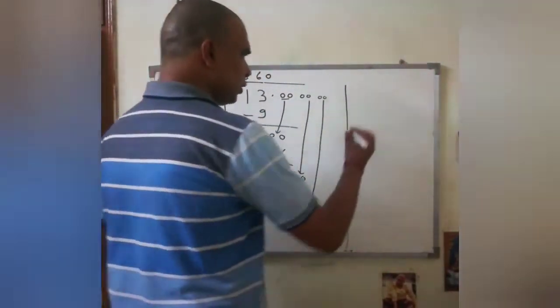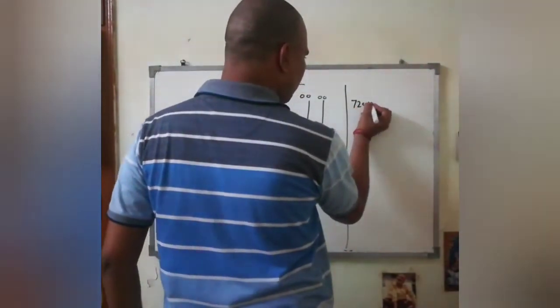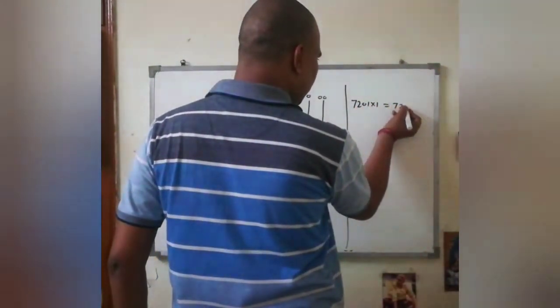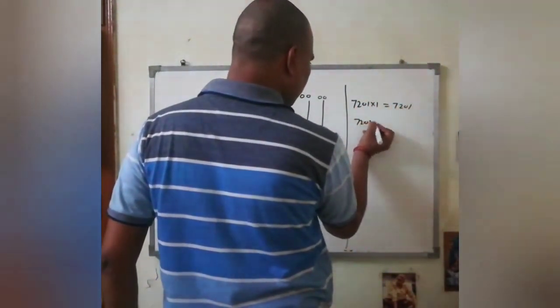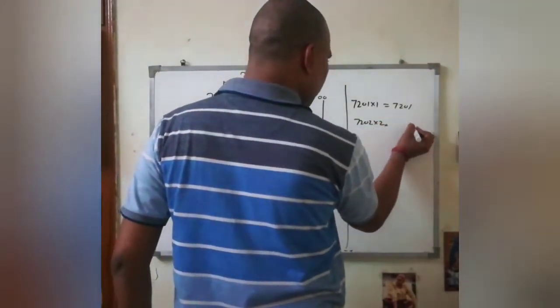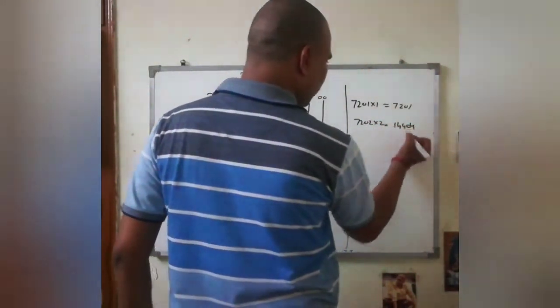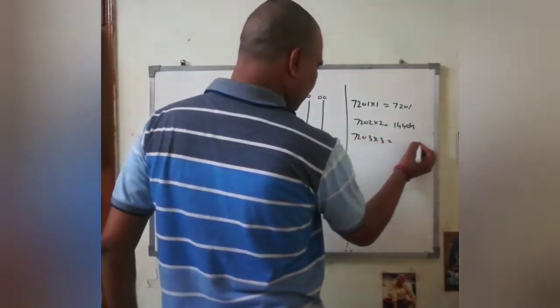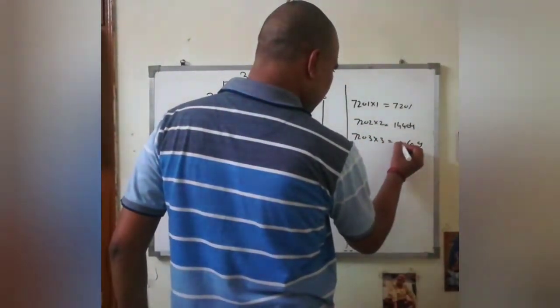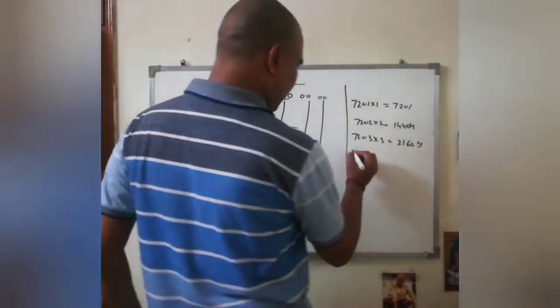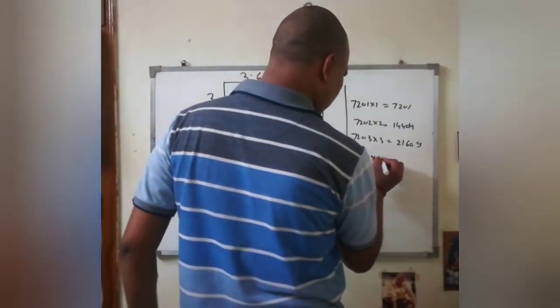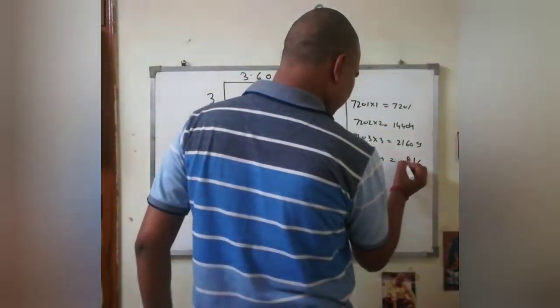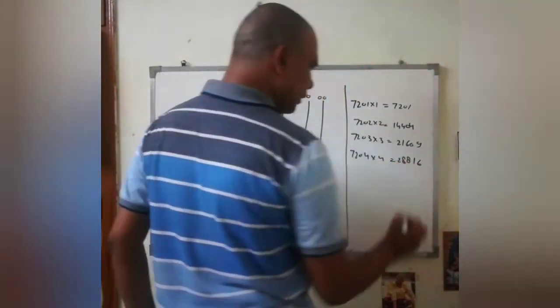So 720 into 1 is 7201. 720 into 2 is 14400. 7203 into 3 is 21609. 720 into 4 is 28816.